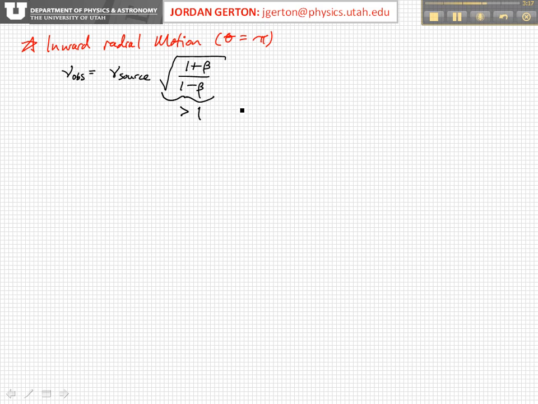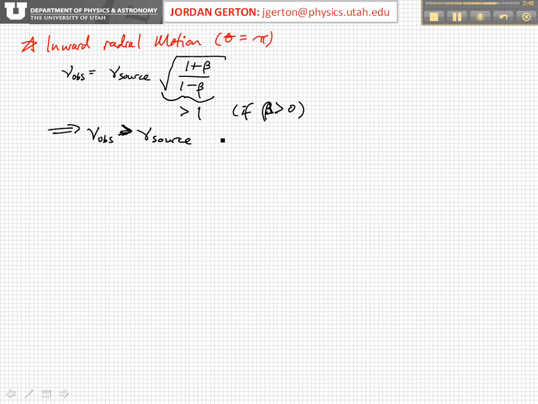Now if you think about this again as we did before, this is always greater than 1 if beta is greater than 0. The numerator is always going to be greater than 1, the denominator is going to be less than 1. And so that means that the observer always sees a higher frequency than the natural frequency, the proper frequency at the source.